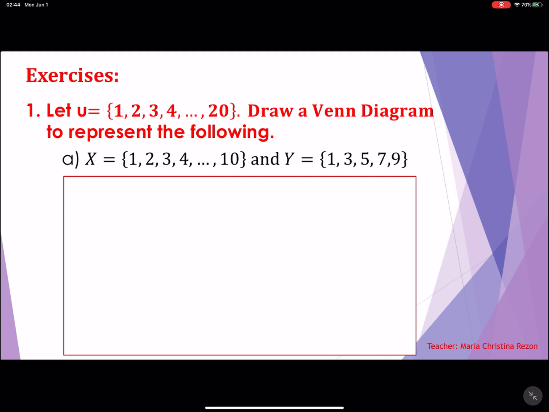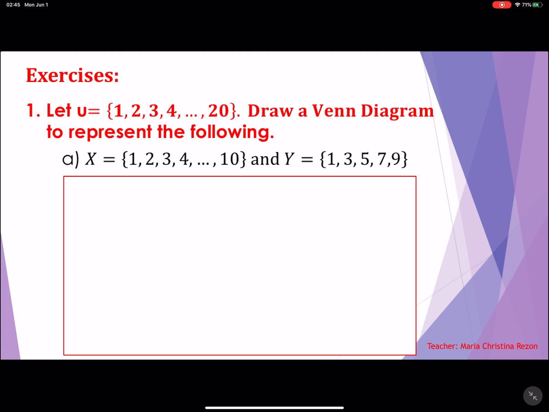Draw a Venn diagram to represent the following. Letter A. X is equal to the set of 1, 2, 3, 4, and so on to 10. And set Y is a set of numbers 1, 3, 5, 7, and 9. So let's try to examine what is common between the two sets, if they have some common elements.